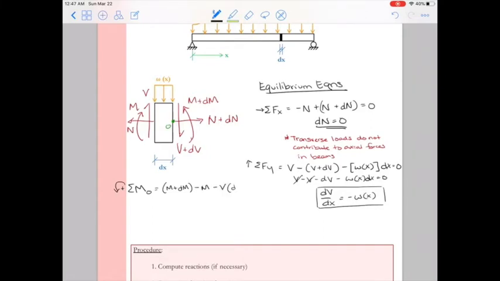So that gives me a minus V times the distance of dx. And then I have to account for the resultant force again. So that's omega of x dx, and that's going to act at a distance of dx over 2 relative to point O. And so I go through and set that equal to 0. Bring my signs through.